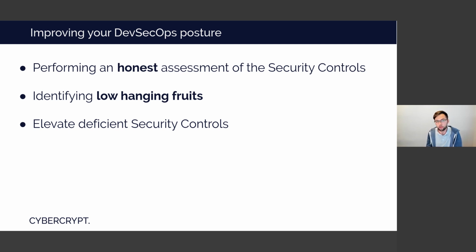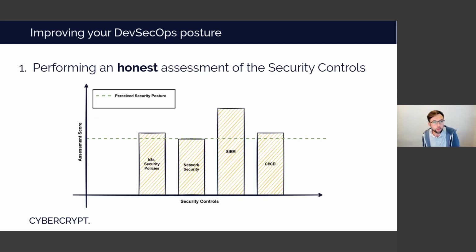And this can be quite different depending on what kind of organization you are. So what do I mean by performing an honest assessment? What I believe personally is that we as people, but also as organizations, are very self-biased when assessing how we are doing and how we are performing. So a security self-assessment could look something like this, where you take a look at your security controls, you evaluate them, and you think that you are somewhere on this green line.